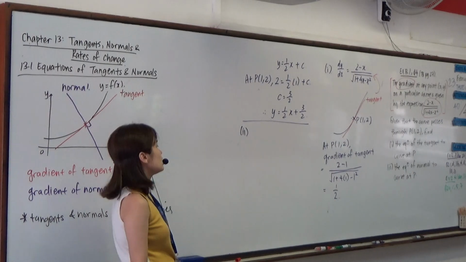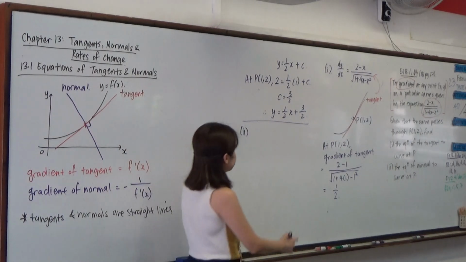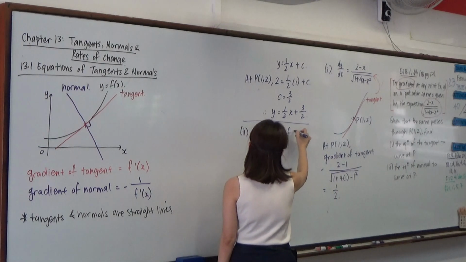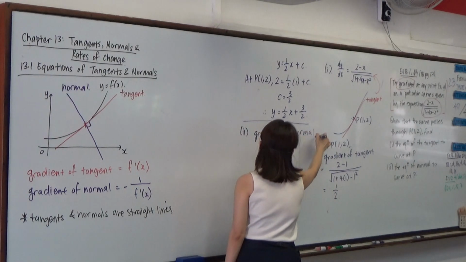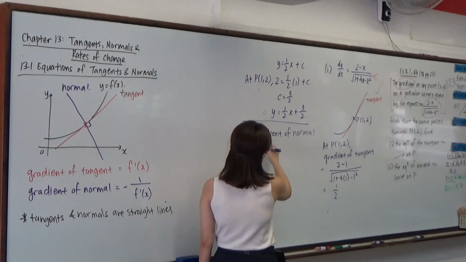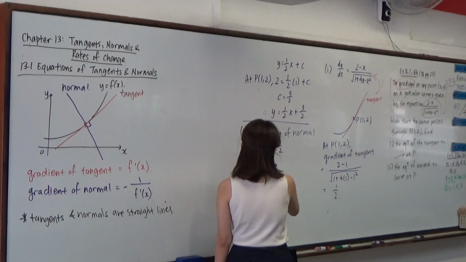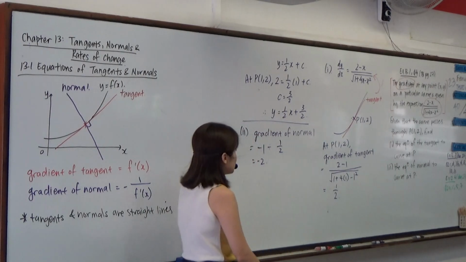Then for finding the equation of the normal, you will find the gradient of the normal, which is negative 1 divided by the gradient of the tangent. That's negative 2.